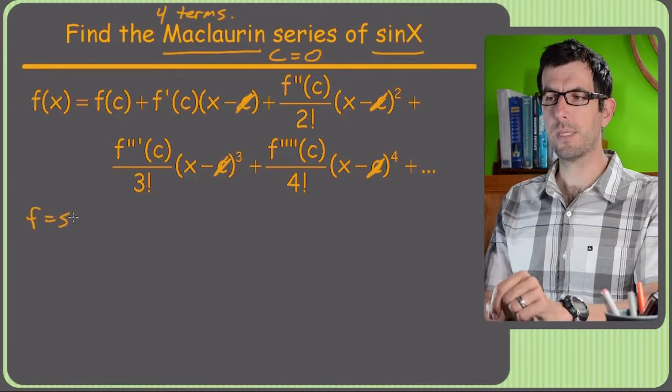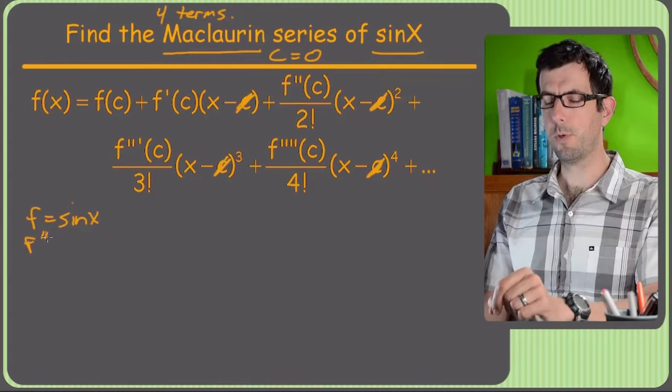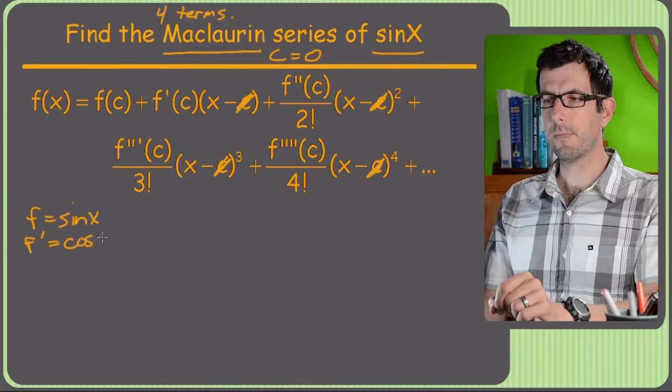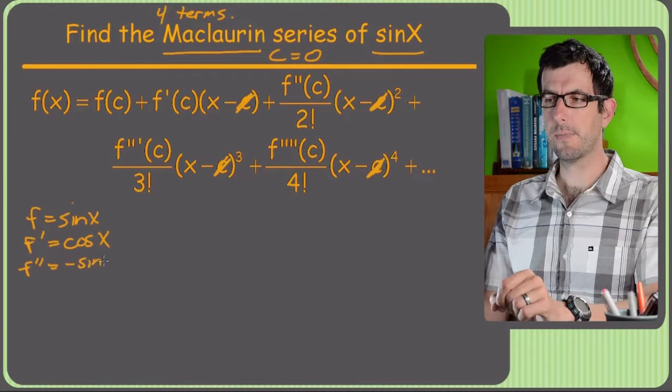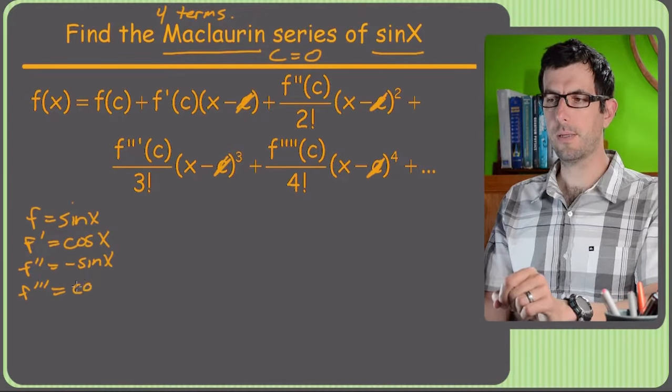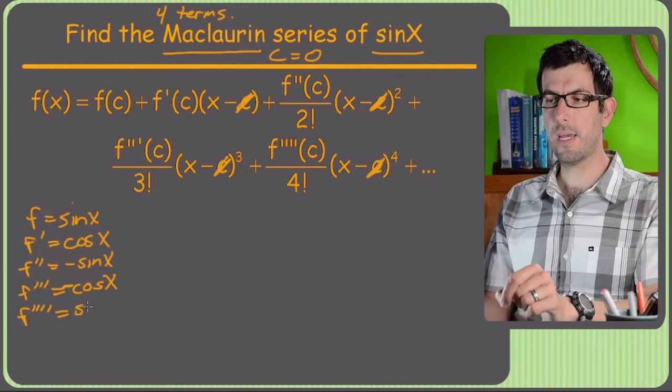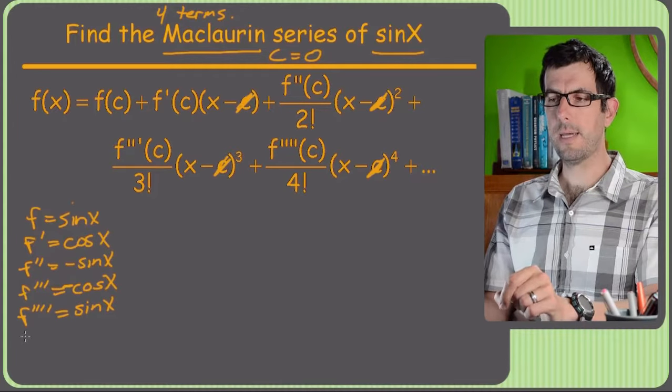If f equals sine x, then f prime equals cosine x. f double prime equals negative sine x. f triple prime equals negative cosine x. f quadruple prime equals negative sine x, that's positive sine x.